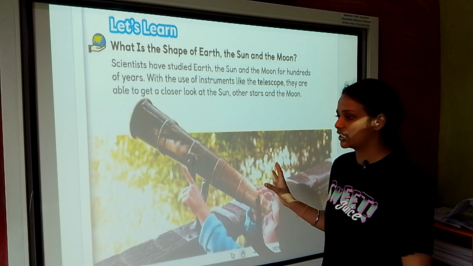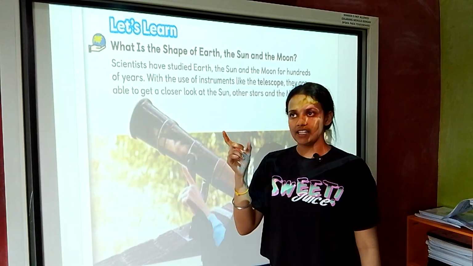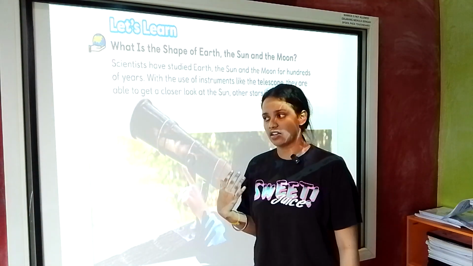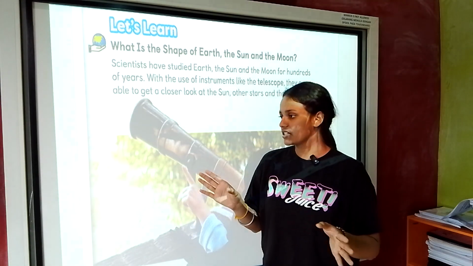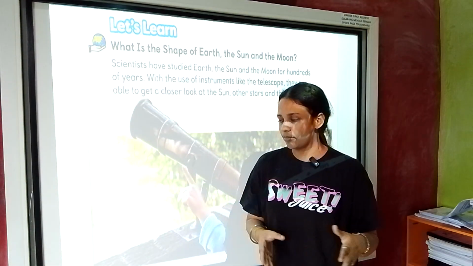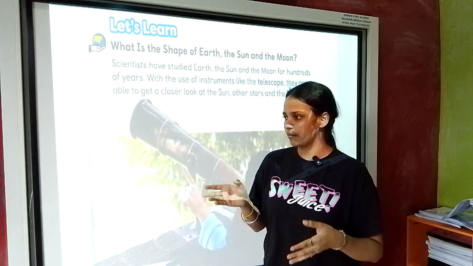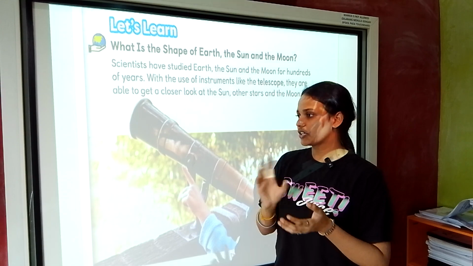A telescope is a tool that you can use to see space, like the Moon or another planet. It can zoom in on a far object so that you can see it clearly from the Earth, because it has a zoom function.